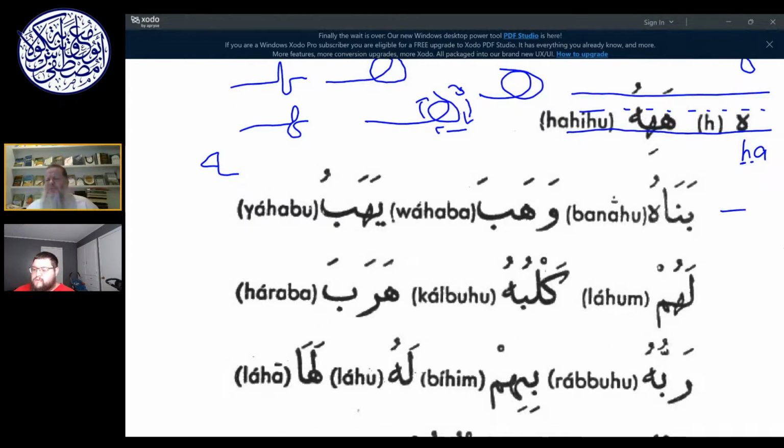So it's good here. You're hearing banahu, wathaba, yahabu, lahum, kalbuhu, haraba, rabbuhu, bihim. These are all patterns in the Arabic language. So even though you don't know what these words mean right now, they're beating into your ear a pattern. And there's a lot of patterns, but still, the patterns are going to become familiar to your ear.